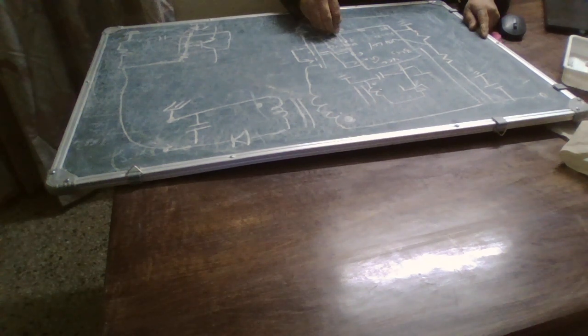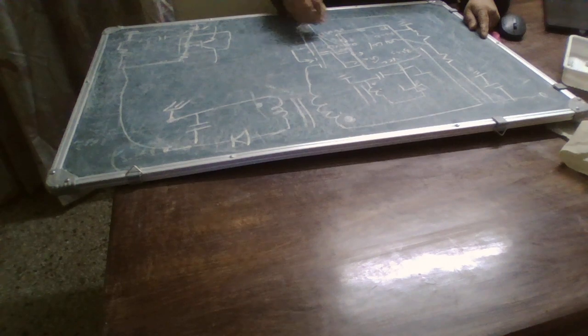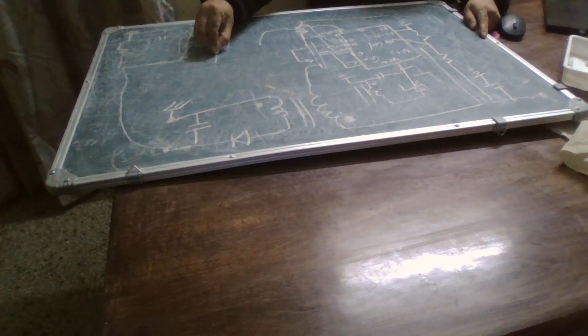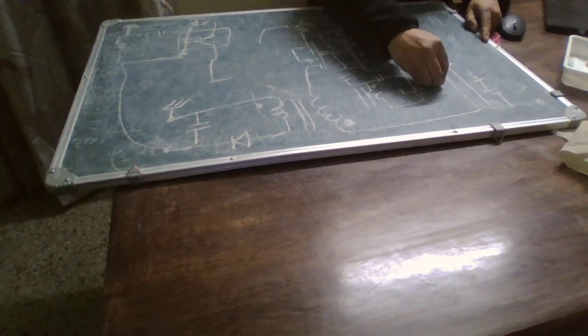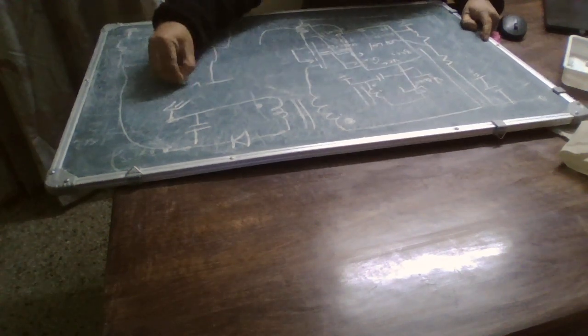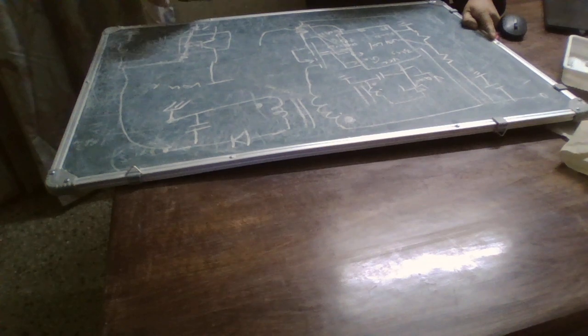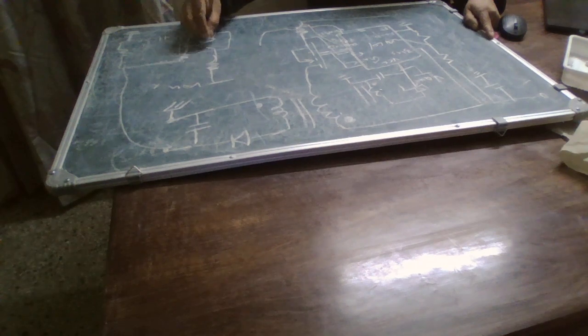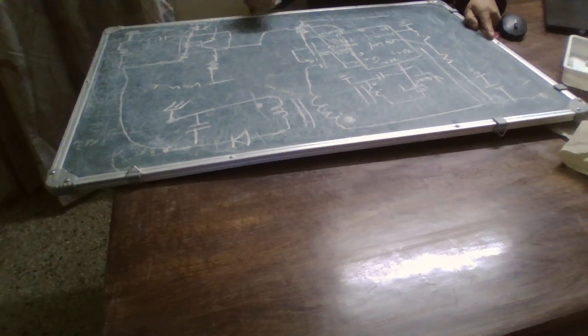Up to this, the COMP pin is going to be connected to the same pin, and we are going to have some resistor here. Here we have a capacitor and then a resistor, and a capacitor and a resistor which is grounded here.